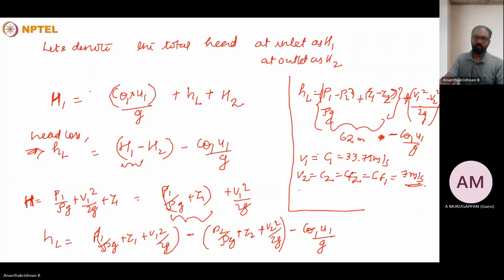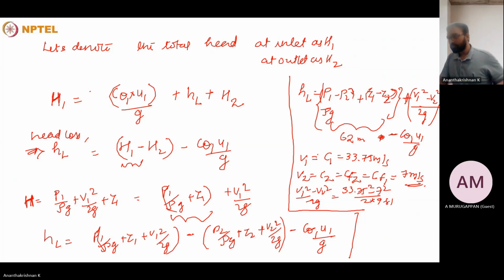So V1 squared minus V2 squared divided by 2g will be equal to 33.75 squared minus 7 squared divided by 2 into 9.81. We can represent it by 2.